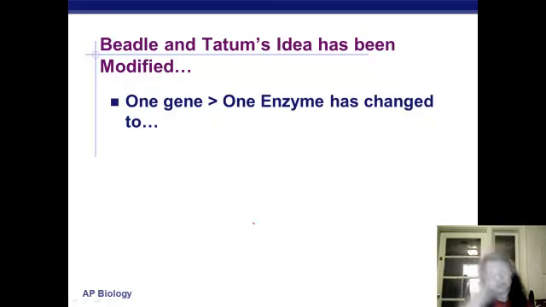Beadle and Tatum, whose work I just completely skipped over, were two scientists who originally came up with the idea that genes code for enzymes. Each gene segment of DNA, if you will, codes for a particular enzyme.